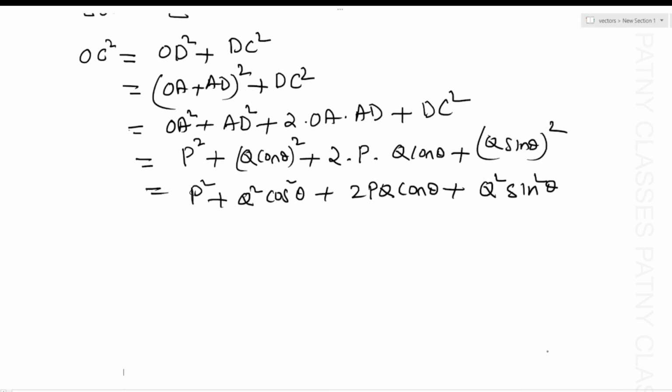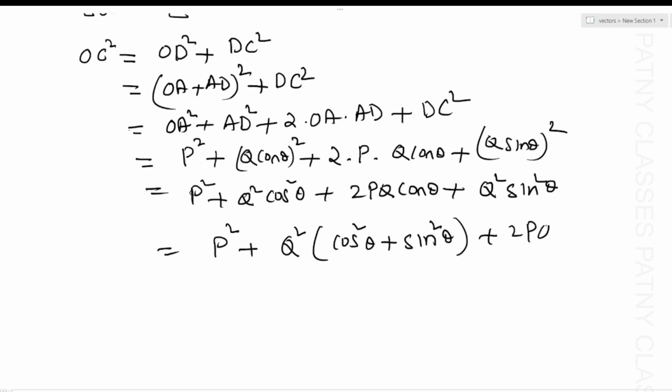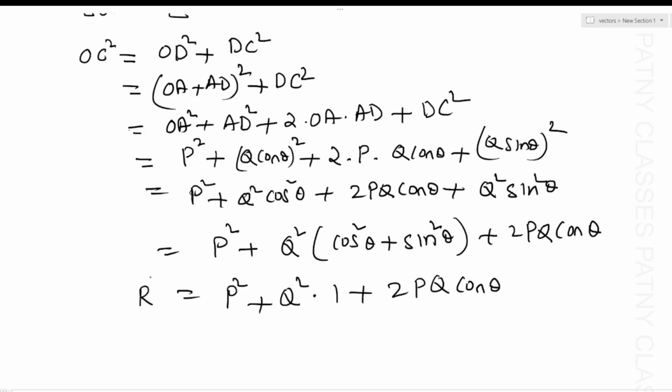Here I have P square, and Q square common, times cos square theta plus sin square theta, plus 2PQ cos theta. The cos square theta plus sin square theta is 1, and OC is nothing but R, so it is R square. So R square equals P square plus Q square plus 2PQ cos theta.